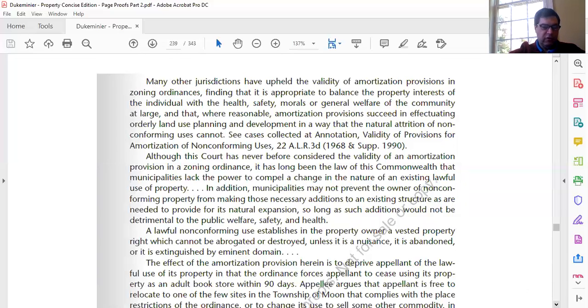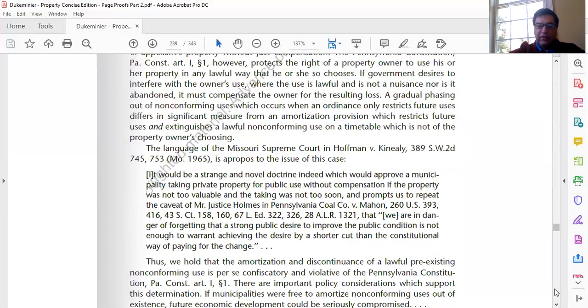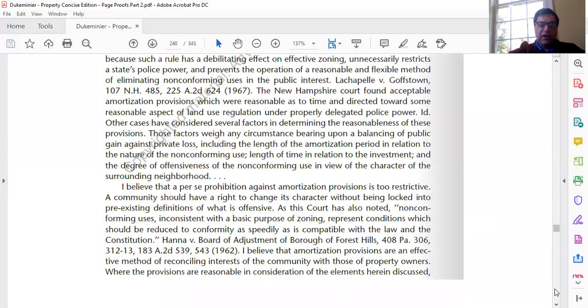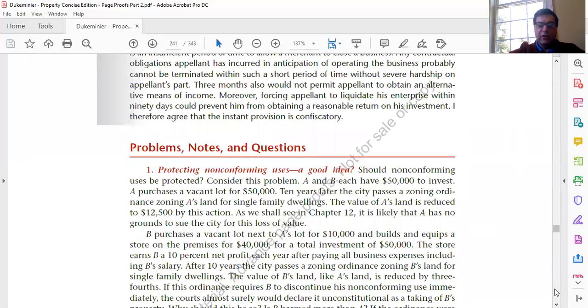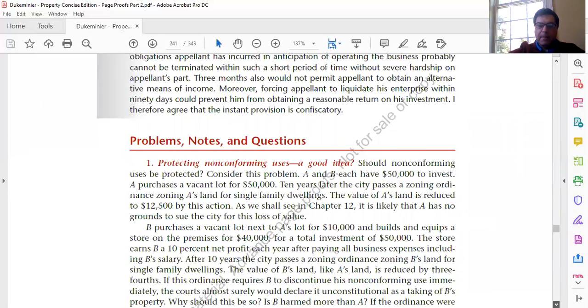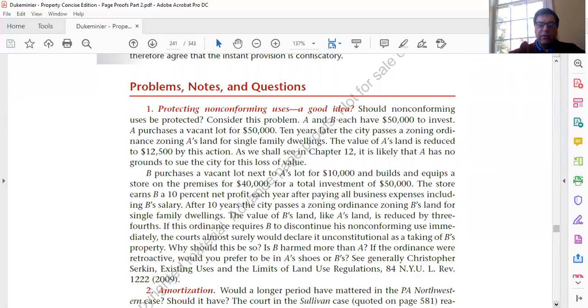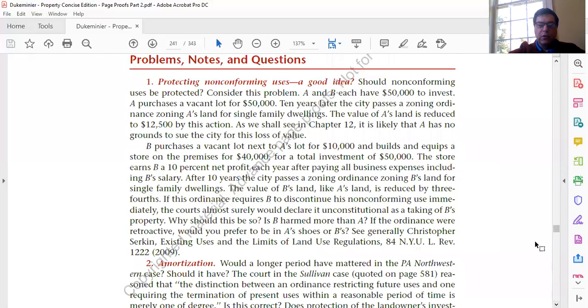Now, in note 1 after the case, the authors are talking about a couple of hypotheticals to see if this rule makes sense. So the first hypothetical is a vacant piece of land that is worth $50,000.